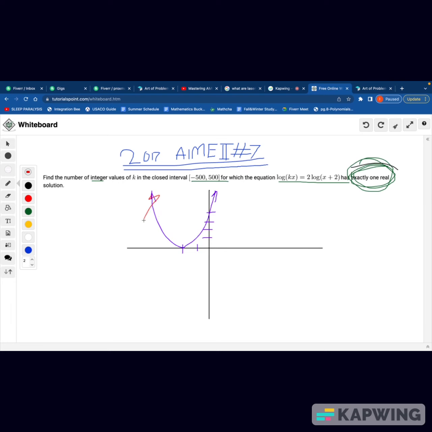That means we can completely nullify the left side. Basically, we can pretend it doesn't exist. So this is our parabola now, and we can take kx, and I'm going to draw multiple models.